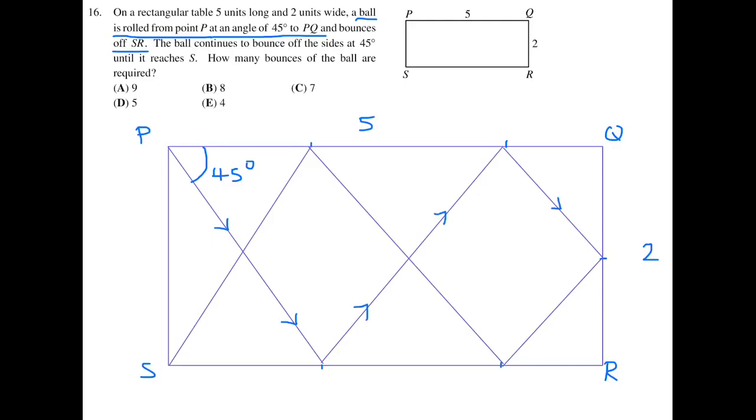It traveled like that. So how many bounces? Well, it initially came here. That's the first one. Then this is the second bounce. This is the third bounce, fourth bounce, and 5 bounces.